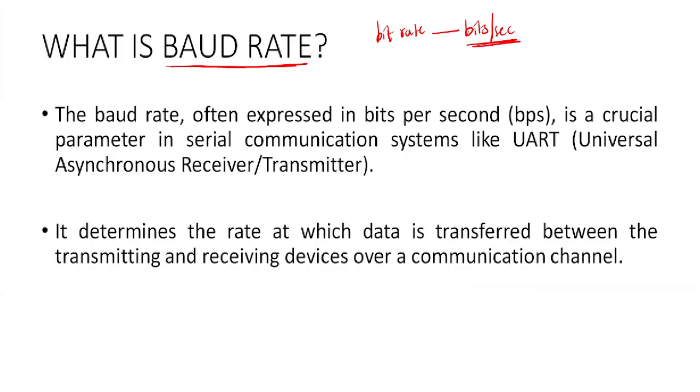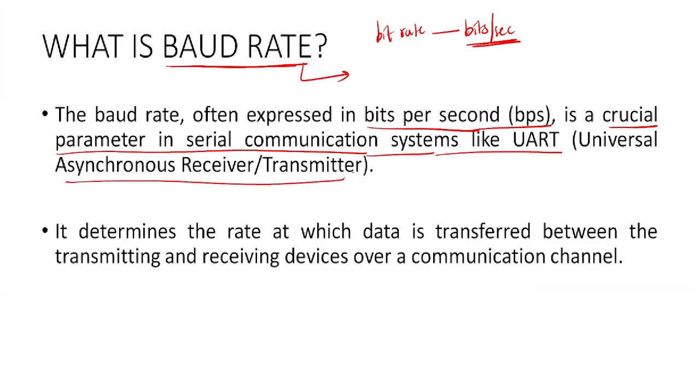Baud rate is the number of signals transmitted per second, expressed as bits per second. This is a crucial parameter in serial communication systems like UART. It shows how much speed the data is transmitted at.